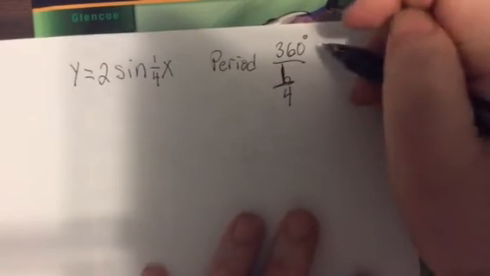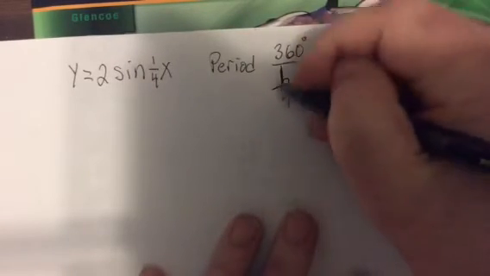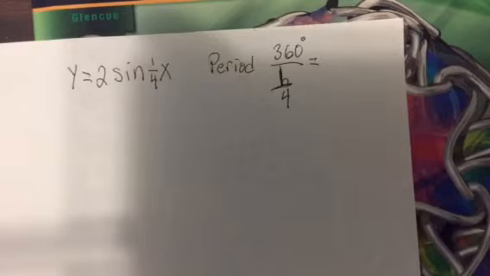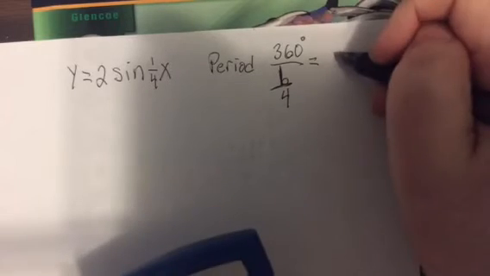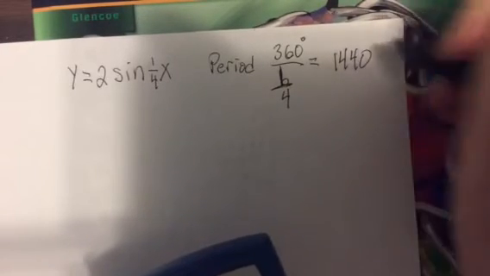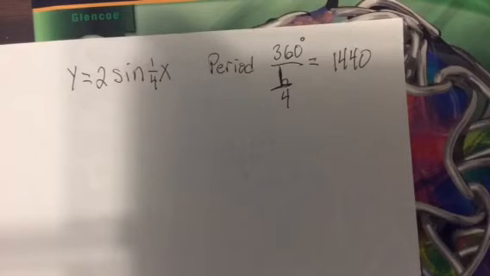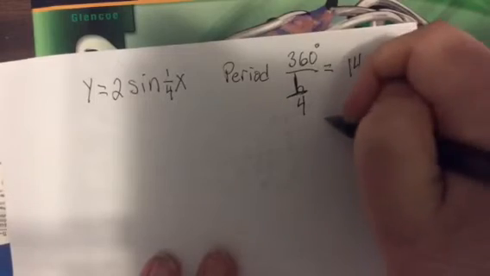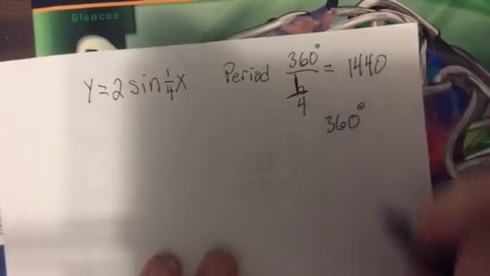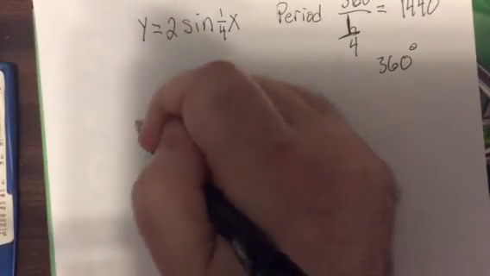Sorry about that. That's the generic formula. So I want 360 times 4. That's 1440. Then I have to divide it up into fourths, and I get 360. So every 360 degrees, something important happens.